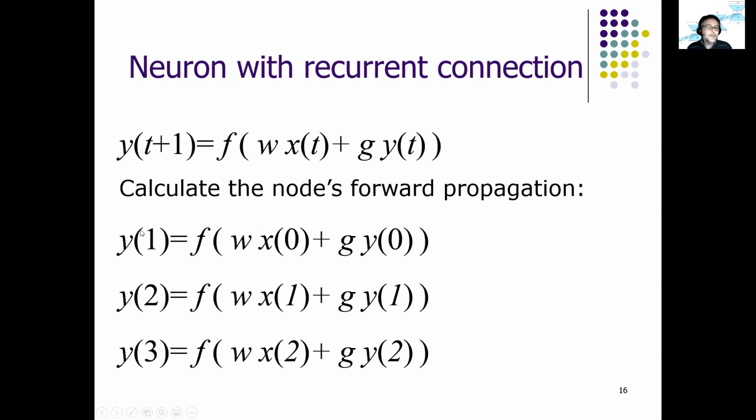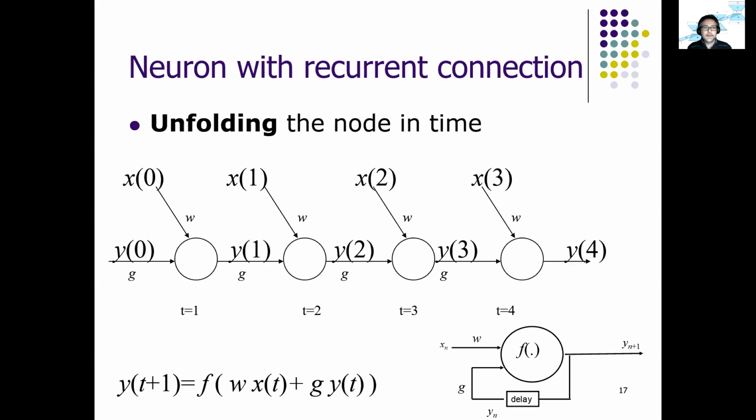And this will allow me to calculate the output of the node at iteration 1. Then I can use this information to do another calculation to produce the output of the node at step 2. And then use the output at step 2 in order to do another calculation and find the output at step 3. This is how it's going to work internally.